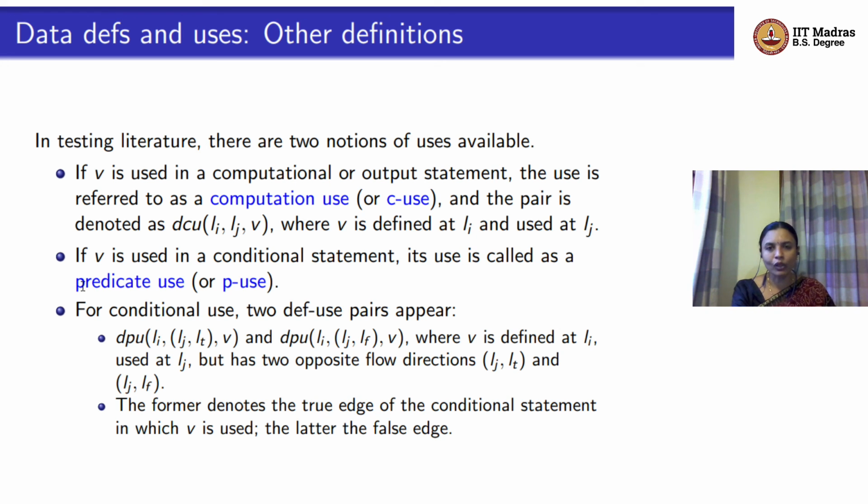If the use is a part of a computation, an assignment statement or an output statement, then such a use comes along with a node in the control flow graph and it's called a C use or computation use. Sometimes they distinguish, but for the purposes of our lectures, we will call both of them uses only, whether they come in edges or in nodes.